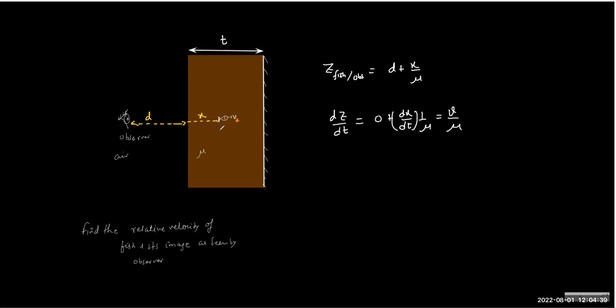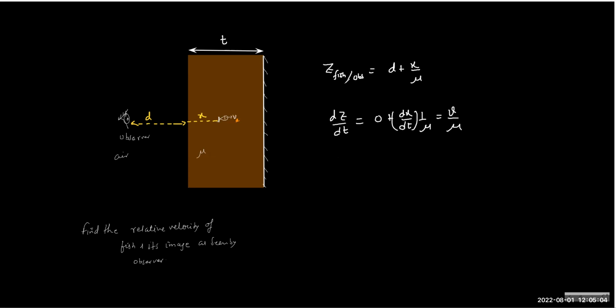Since mirror and fish both will shift by the same value, you can add the distance of the image, this is t minus x. So for you it will appear t minus x by mu, or I mean it's really lengthy to do that.